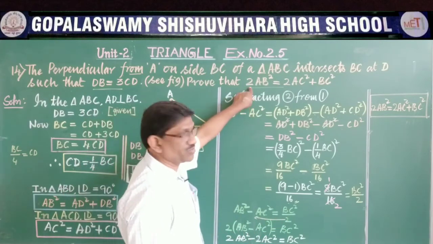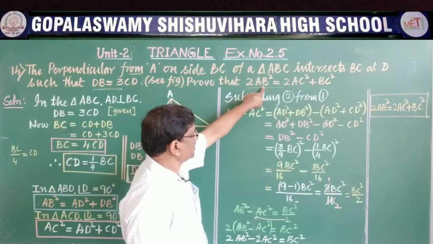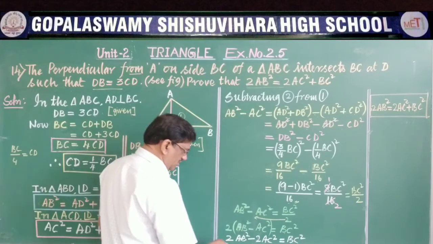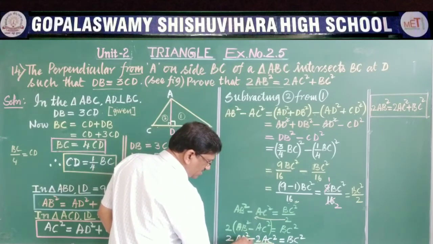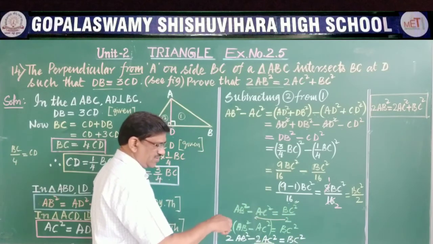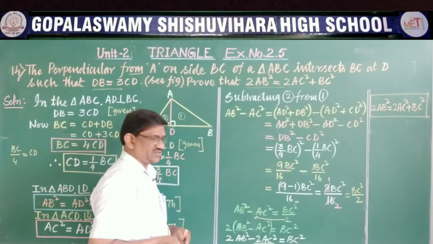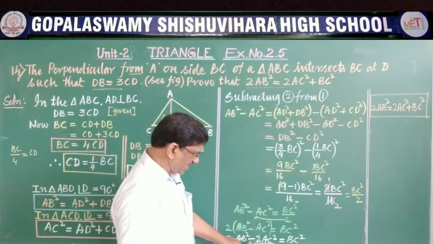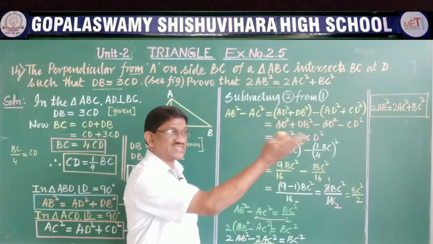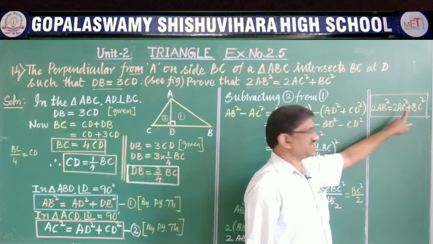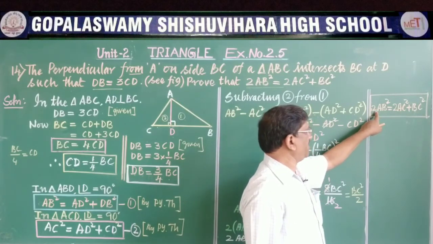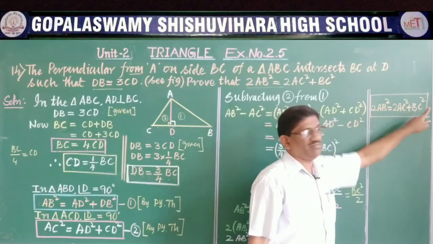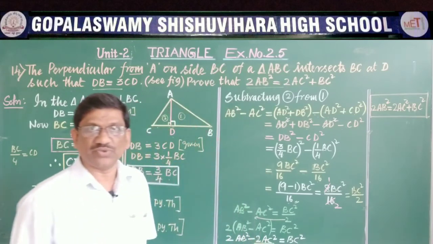But what we require to prove is 2AB square is equal to 2AC square plus BC square. So you send minus 2AC square from the left hand side to the right hand side. Then 2AB square remains there only, whereas minus 2AC square becomes plus 2AC square. That is 2AB square is equal to 2AC square plus BC square. This is what is required to prove, we have proved.